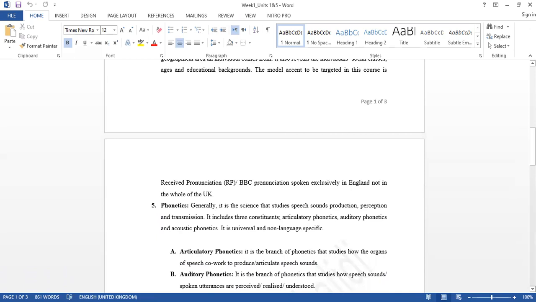For the purposes of our course, we need to choose a model accent and try to practice it, learn its rules, how the sounds are pronounced within that model.